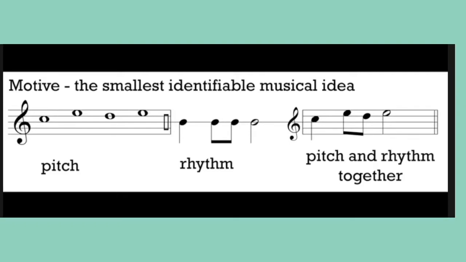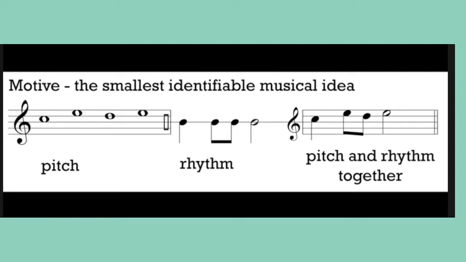There are also what might be rhythmic motives that we see in a piece. For example, a pattern of rhythms, like this one we see here, quarter note, two eighth notes, half note. We might see that developed and repeated throughout a piece of music. And we also might see a motive that combines both pitch and rhythm together, a series of pitches connected to a series of rhythms that we might see repeated over and over again.